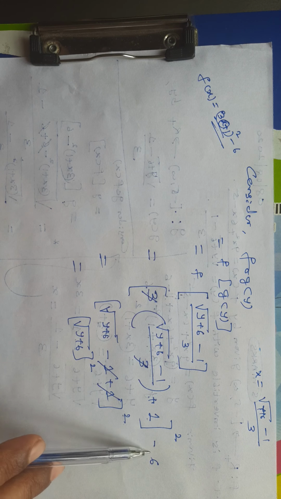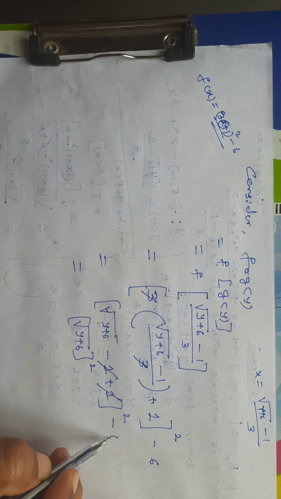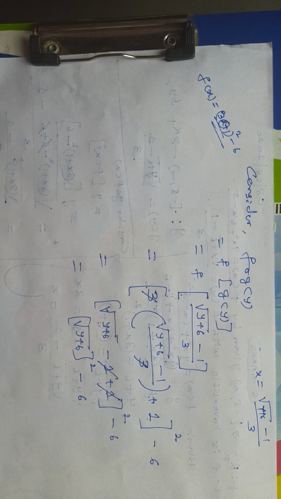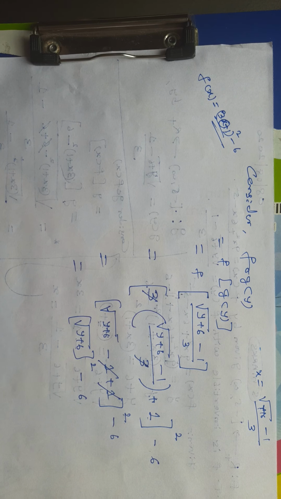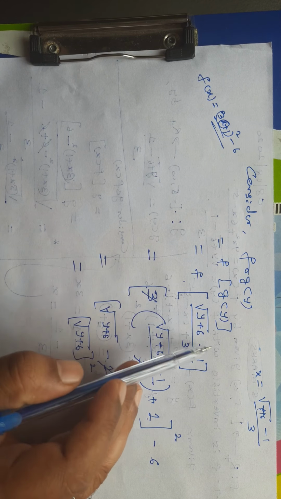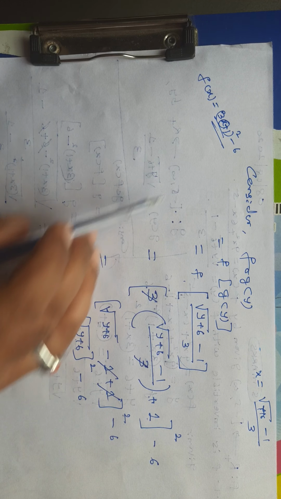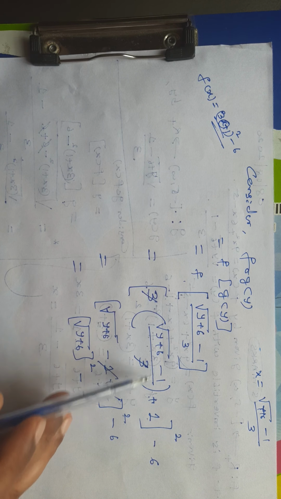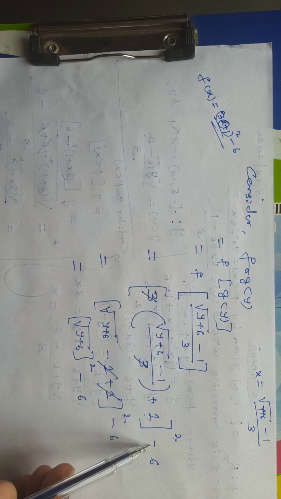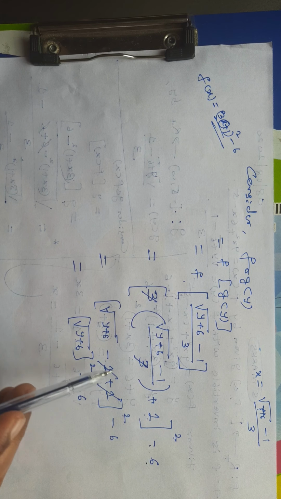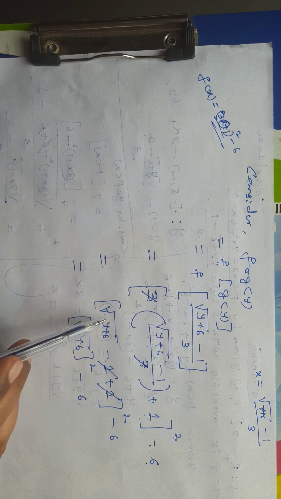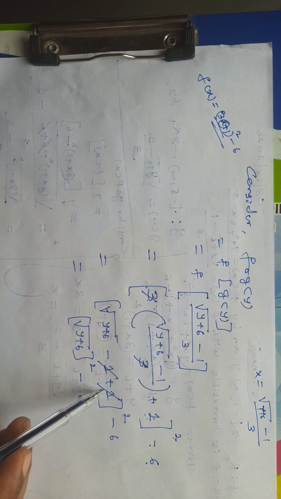So you treat this as x, then that is 3x plus 1 whole square minus 6. So then this 3 cancels, root y plus 6 minus 1, this plus 1 as it is, whole square.